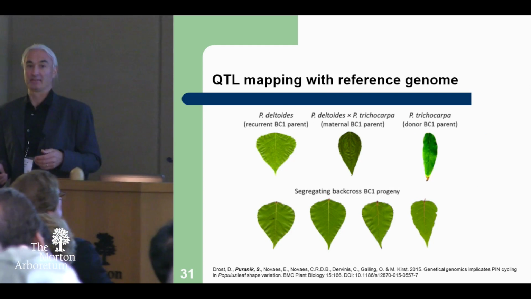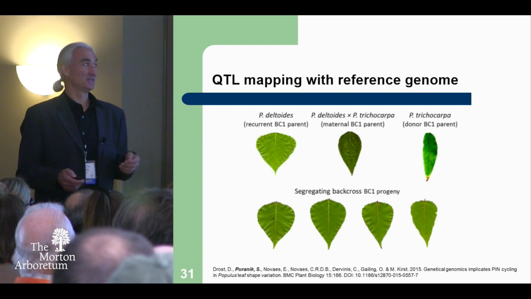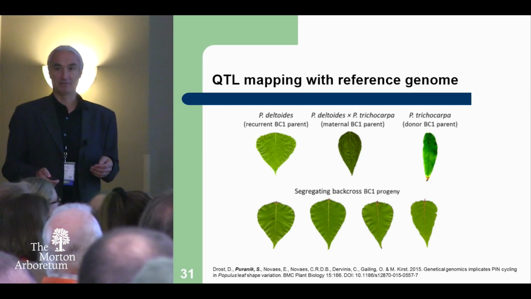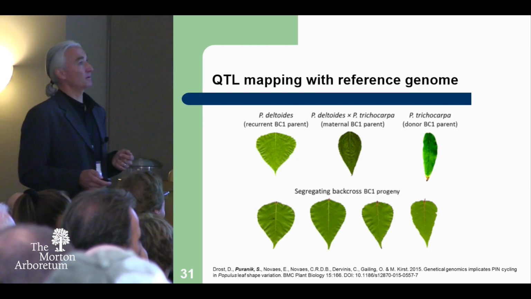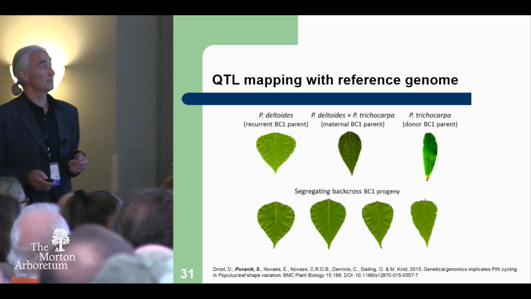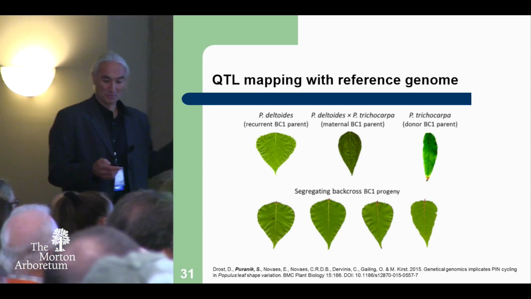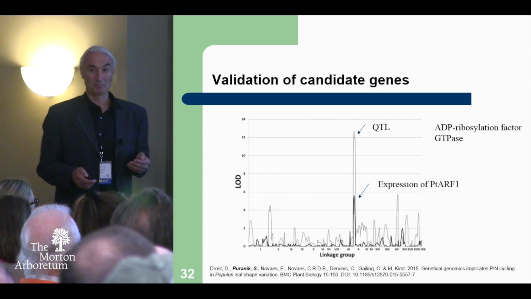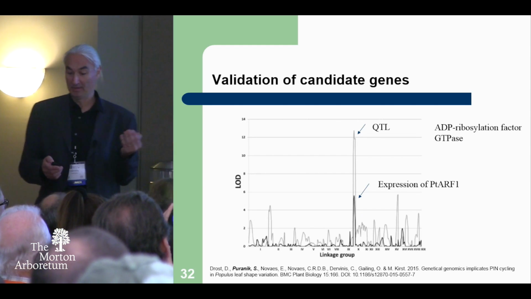We haven't done that in oaks, so I talk just 1 minute about poplar. We have an interspecific poplar family, which is an interspecific backcross, and there we looked at leaf morphology. We would like to do that in oaks too, but we did it in poplar, and I just show that since there we have a reference genome.